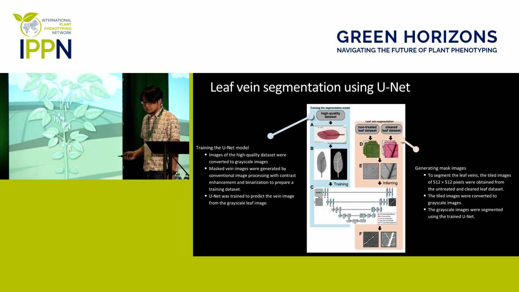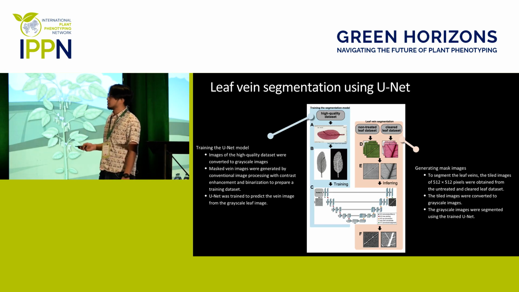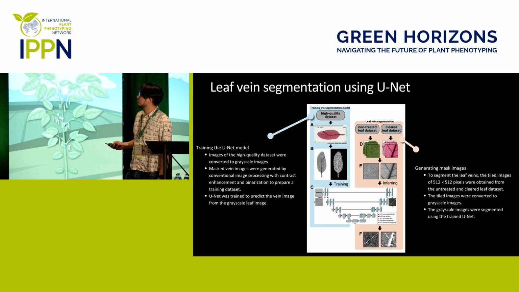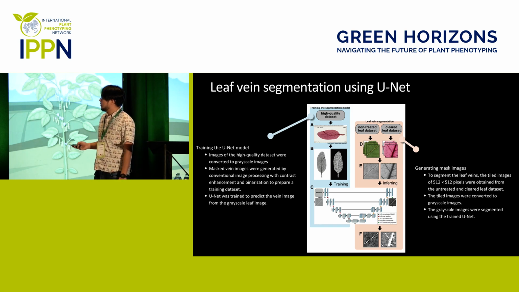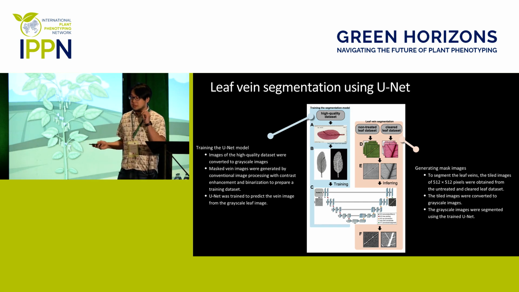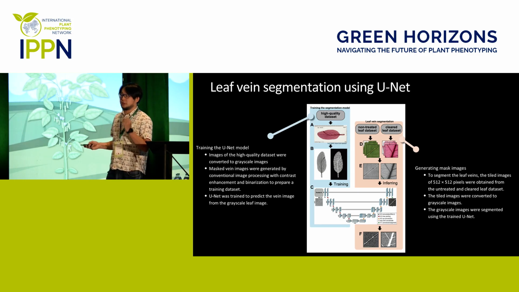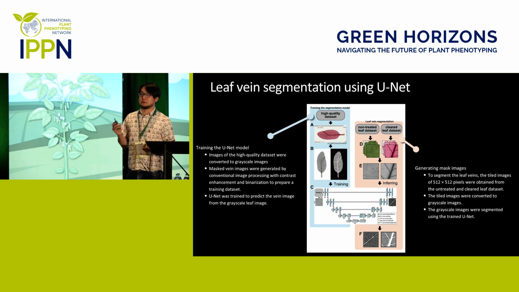Using this image data, firstly, we make a segmentation model using a U-Net. The point is that we use the high quality data for training the U-Net model to avoid the annotation cost.